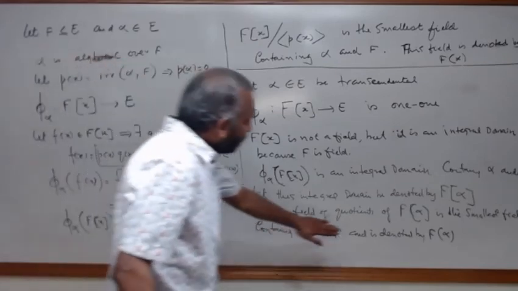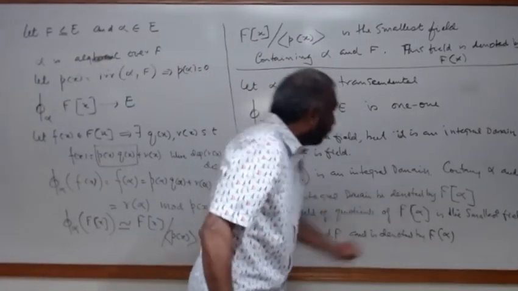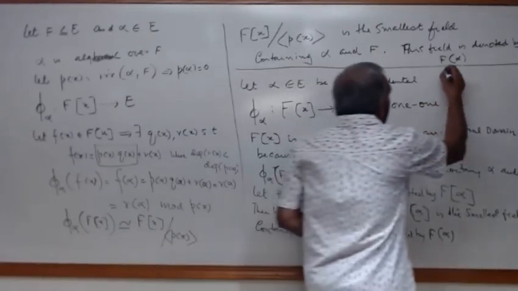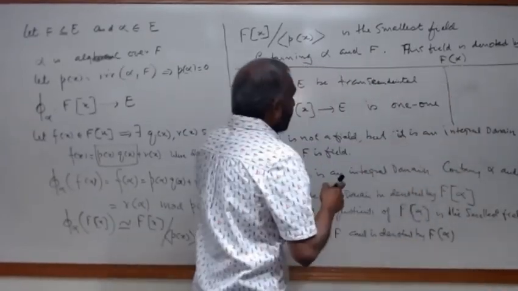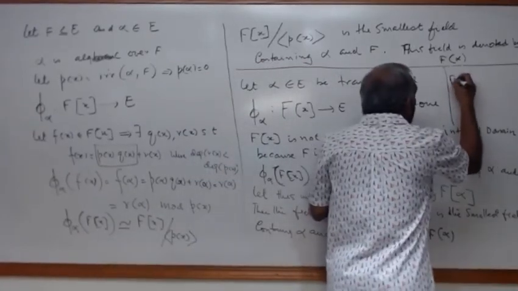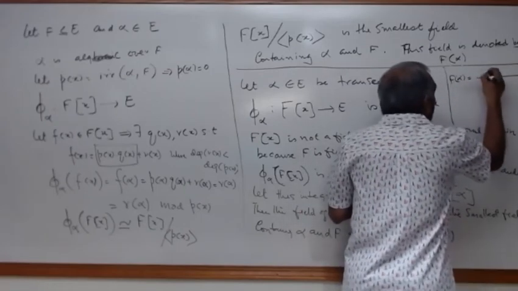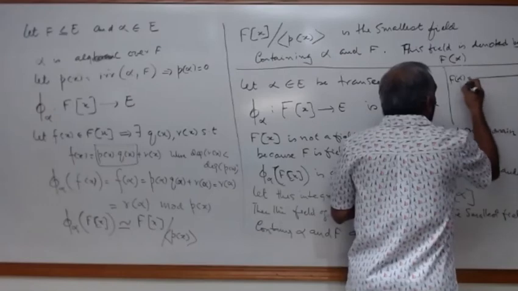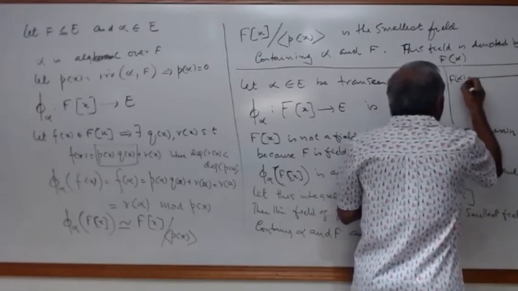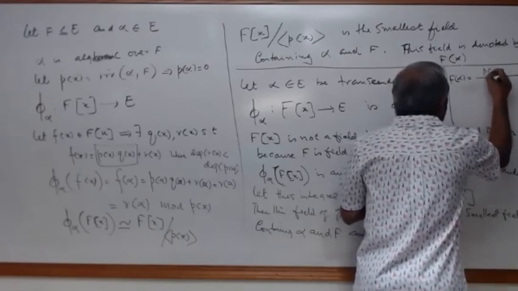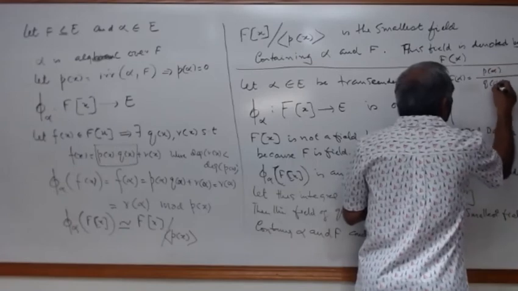What are the elements of this F(alpha)? By the way, when it is transcendental, F(alpha) will be a polynomial over alpha, like p(alpha) by q(alpha).